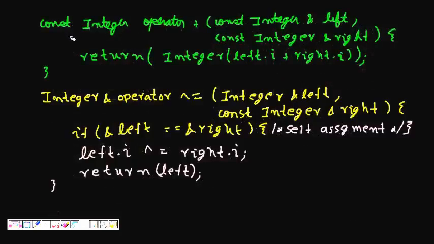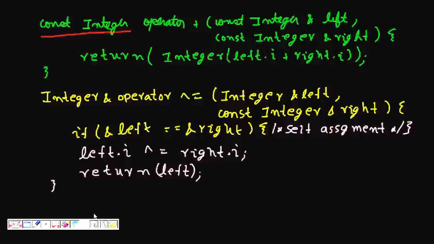Then we have, first, operator plus. This is a binary operator returning const integer: const integer operator plus, const integer ampersand left, const integer ampersand right. So I'm passing it two arguments, both constant references to integer class objects.